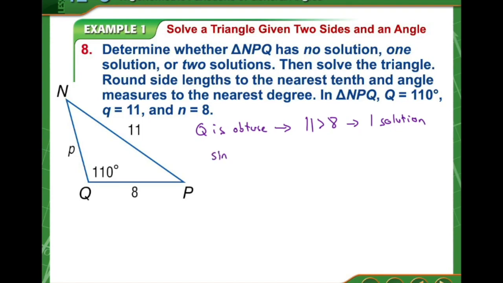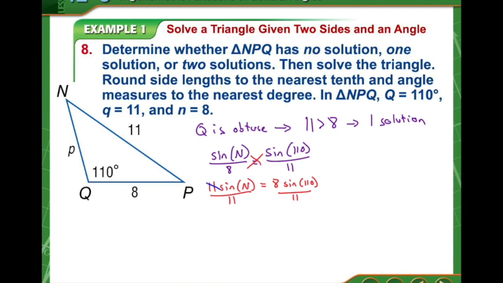So sine of angle N over side N, which is 8, is equal to our stuff with Q. We do have everything: angle Q is 110, side Q is 11. So now we're ready to cross multiply. So 11 times sine of angle N is equal to 8 times sine of 110. And we need to divide both sides by 11.